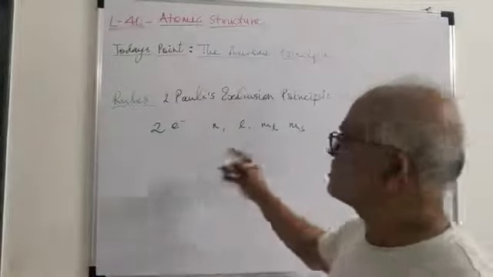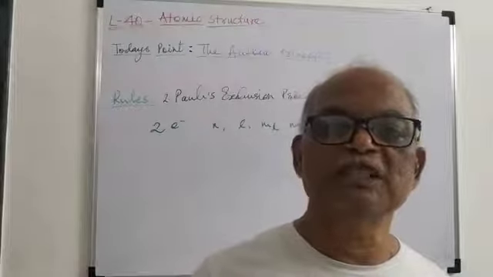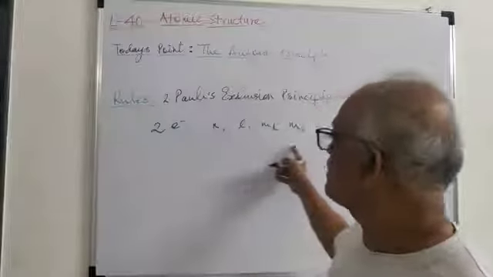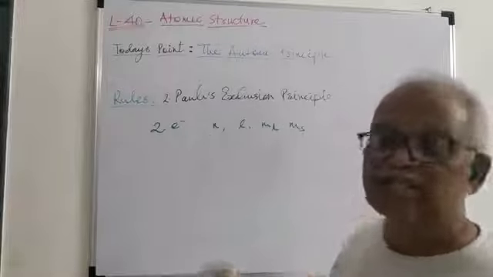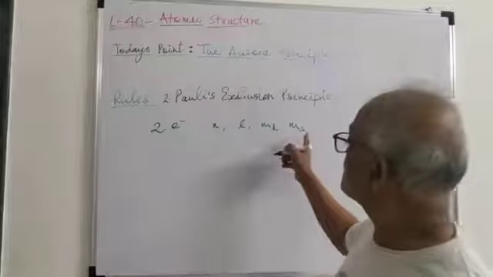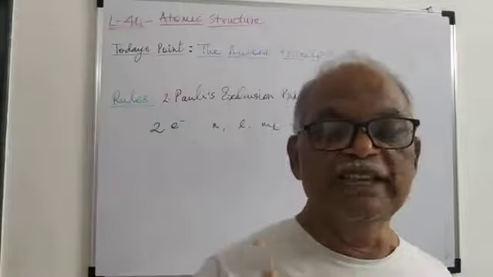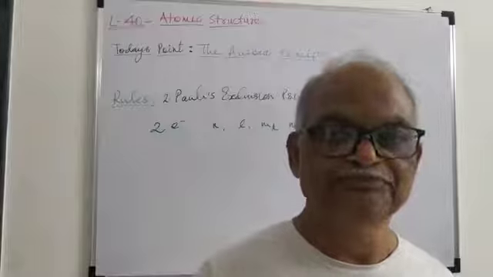The 2 electrons should not have all 4 quantum numbers the same, but at least one value should be different. Then only the distribution of electrons is correct.